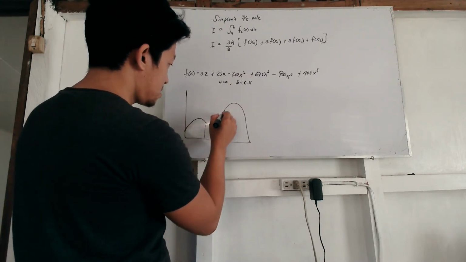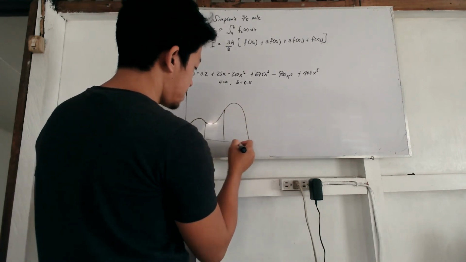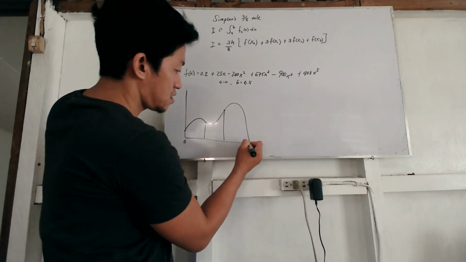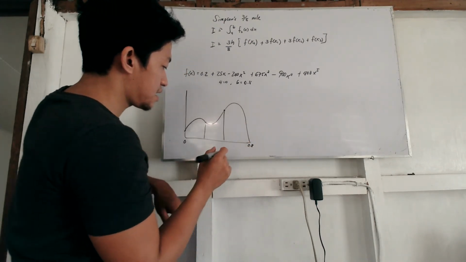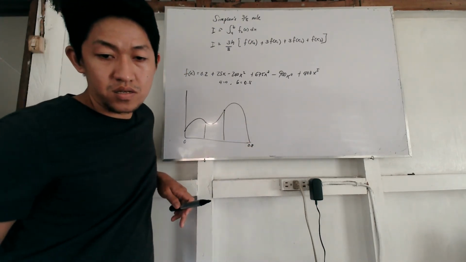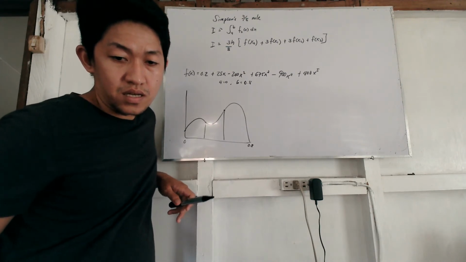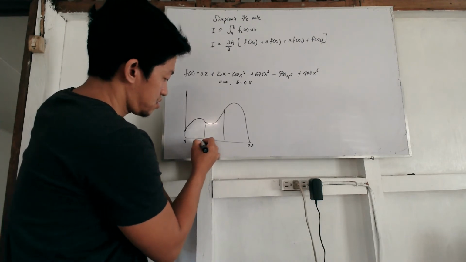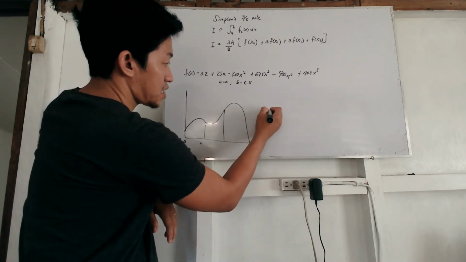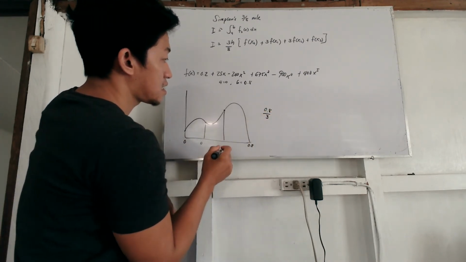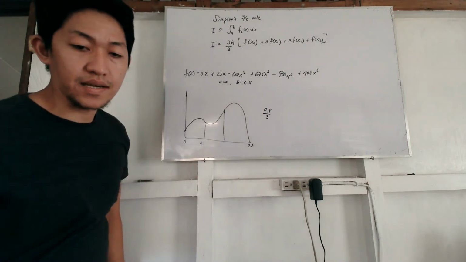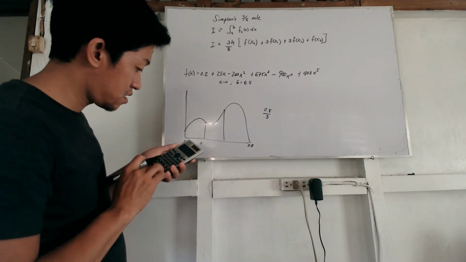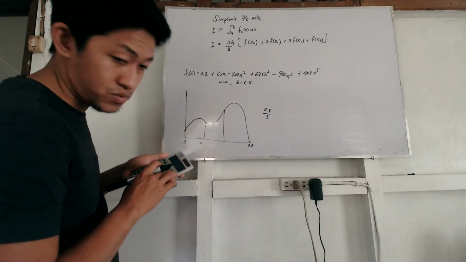So the corresponding points are 0, then 0.8, and h is 0.8 divided by 3, which is 0.2667.